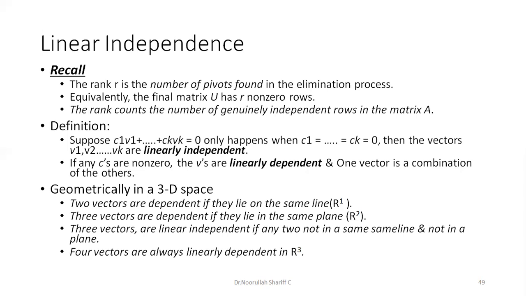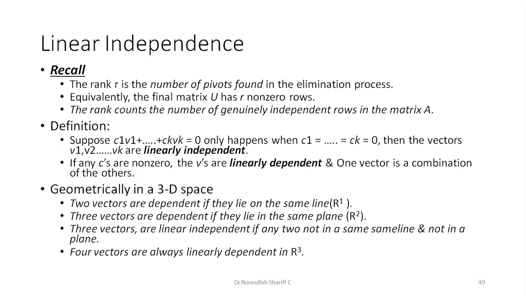So if we have an m cross n matrix, m rows and n columns, m minus r rows will be zero rows. For our example, we had a 3 by 4 matrix, 3 rows and 4 columns, out of which r equal to 2.